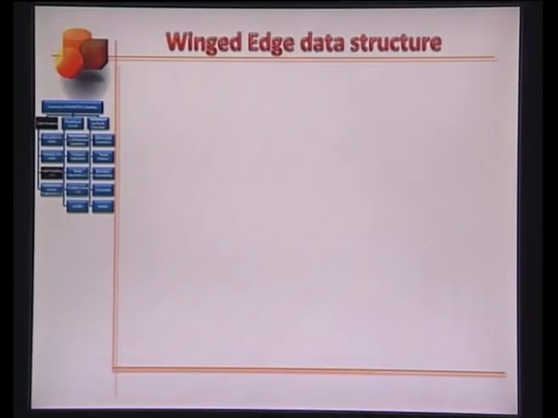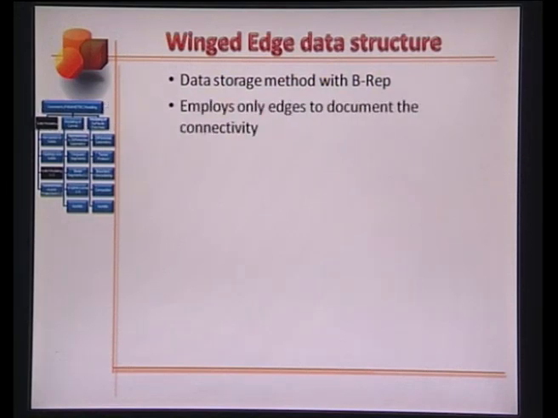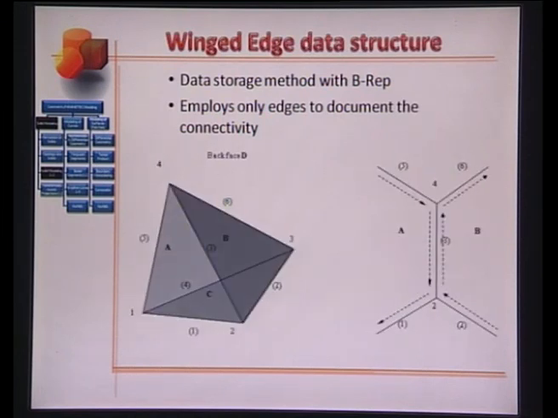This is an important concept in the BREP approach, the winged edge data structure. It is a data storage technique. It employs only edges to document the entire topology or connectivity in a polyhedral solid. Let's take an example of a tetrahedron, and in particular, let's consider edge 3.